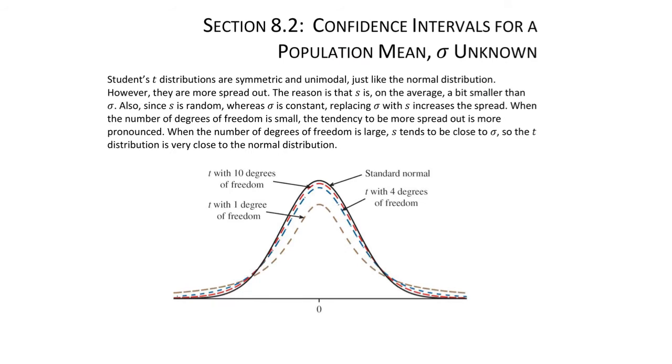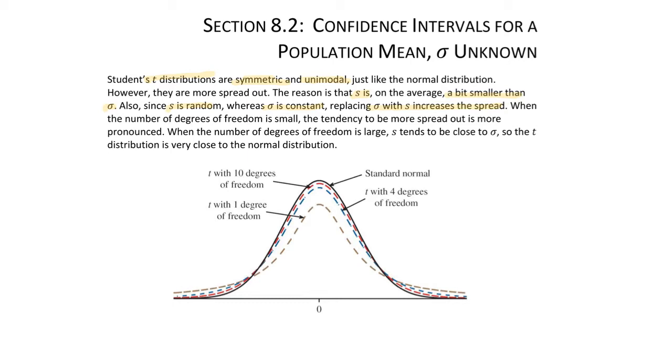Student t distributions are symmetric and unimodal, just like the normal distribution. However, they are more spread out. The reason is that S is on average a bit smaller than sigma. Also, S is random whereas sigma is constant. Replacing sigma with S increases the spread. When the number of degrees of freedom is small, the tendency to be more spread out is more pronounced.